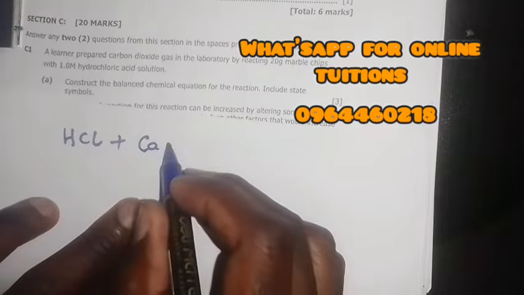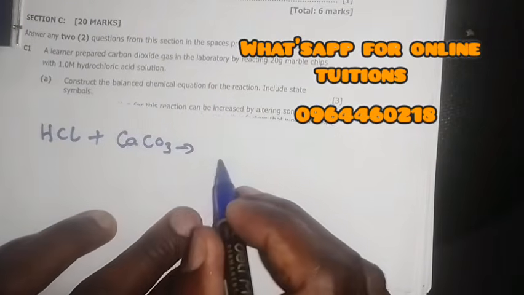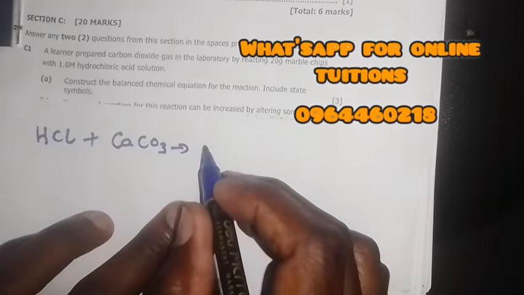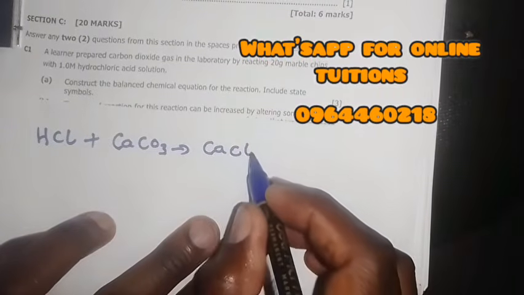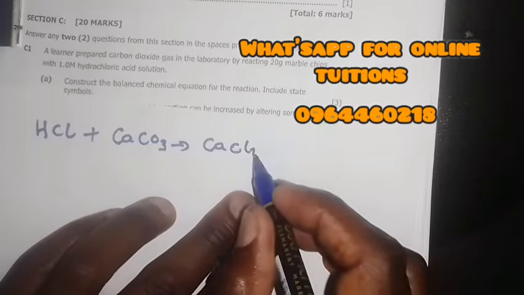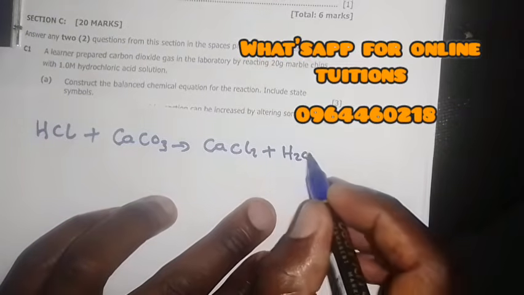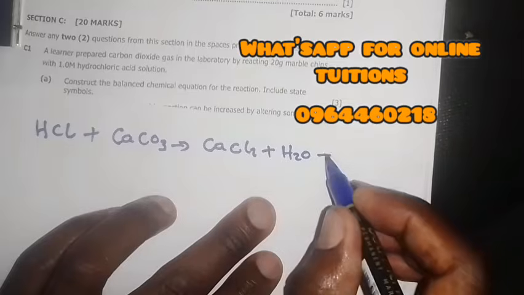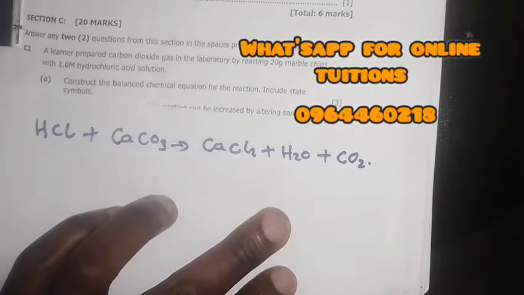So calcium carbonate, and then this will give us now calcium chloride, okay, this is a 2 plus, H2O, plus the carbon dioxide.